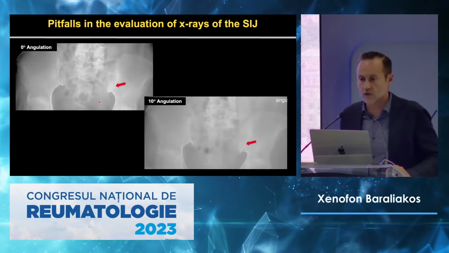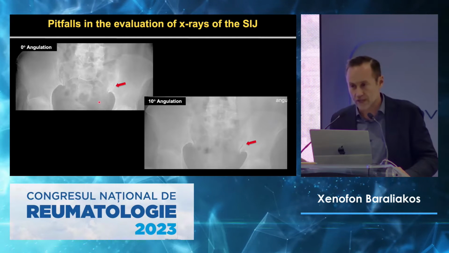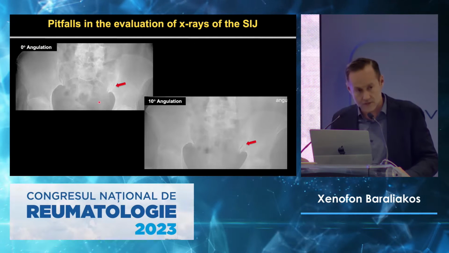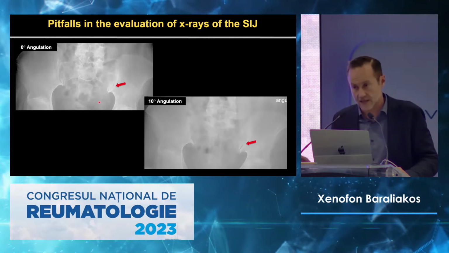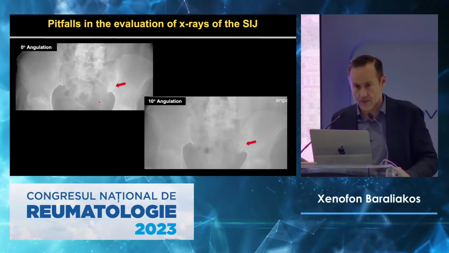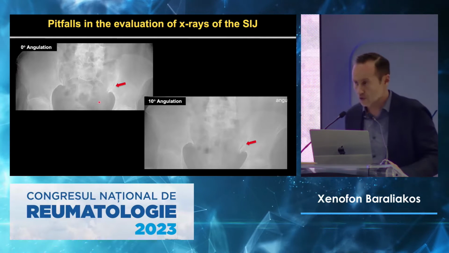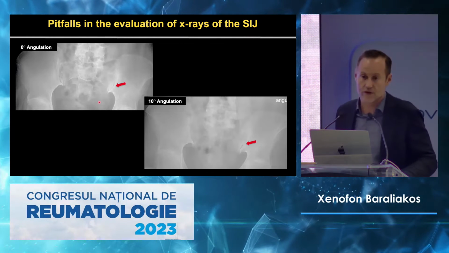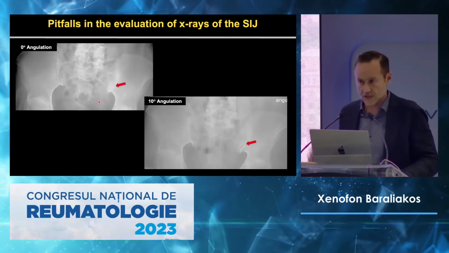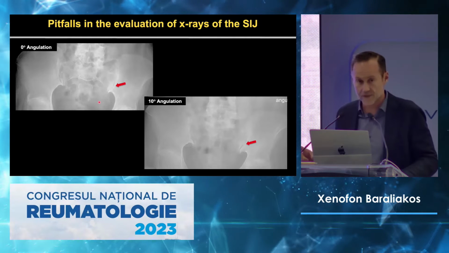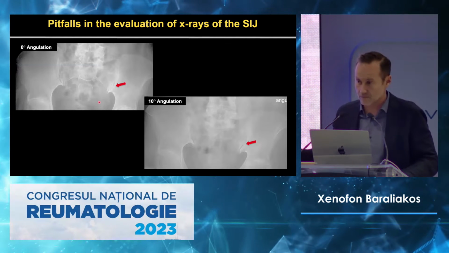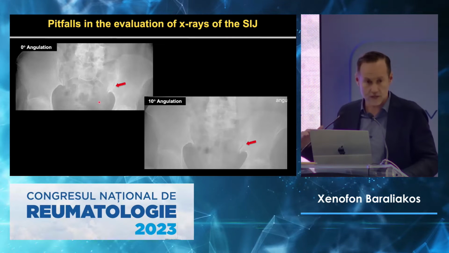Now, one thing you need to also take into account is that you need a radiologist who does the X-rays properly. And it is recommended that you always use the same 2 or 3 radiologists, because then you can also compare the images of the patient over time. You remember I spoke about angulation?